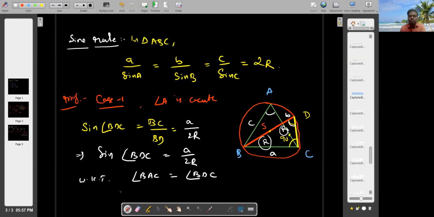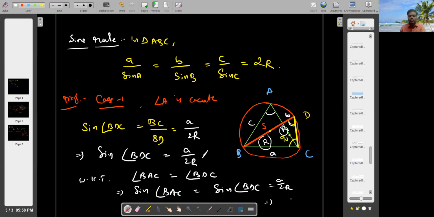Now, taking sine on both sides, sin angle BAC equal to sin angle BDC. Sin angle BDC value we know is a by 2R. So we can write this as a by 2R.